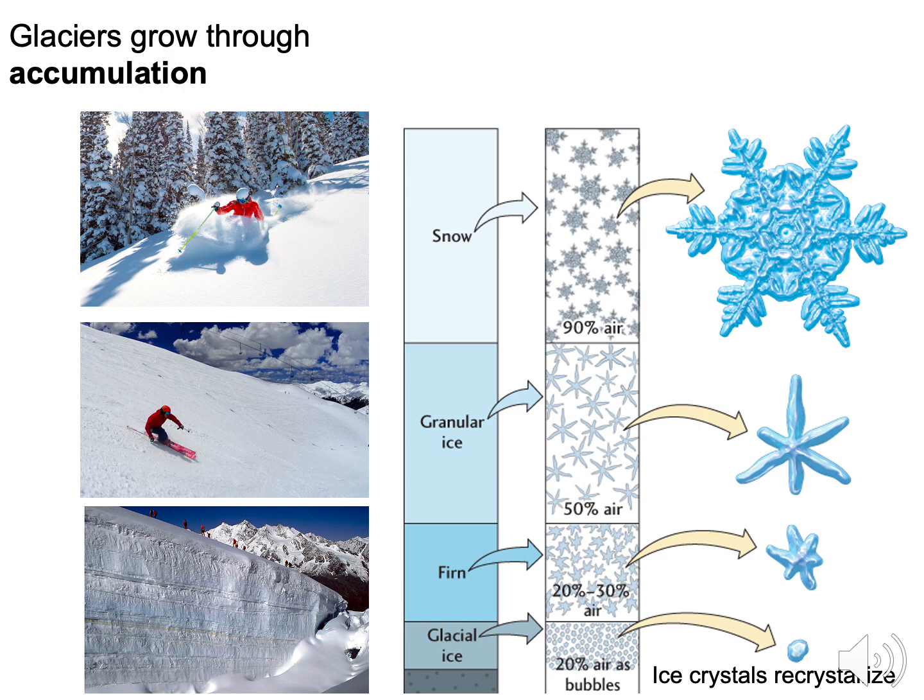The way that glaciers grow is through this process of accumulation, where more snow is accumulated, and over time that accumulation leads to the growth of a glacier. Once the glacial ice is compressed to less than 20% air bubbles, and it is heavy enough to move under its own weight with the force of gravity, that's when it actually becomes a glacier.